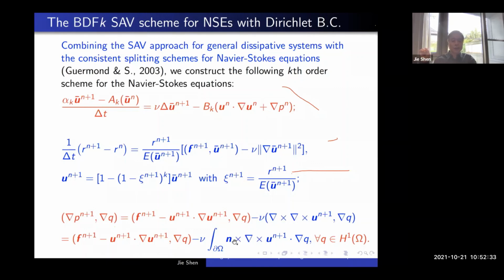We know that Laplace U equals gradient divergence U minus curl curl U. So you should drop the gradient divergence term because you want divergence U equals 0. By modifying this boundary condition, U^{n+1} is computed from the previous time step. And this is just the pressure Poisson equation in the weak form.